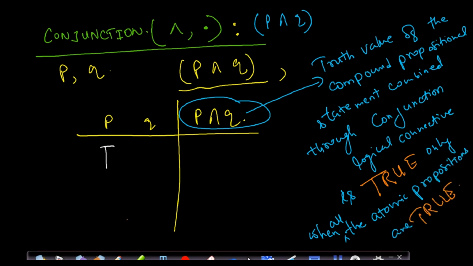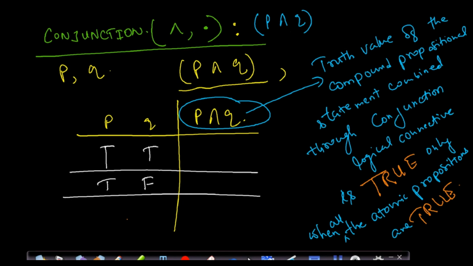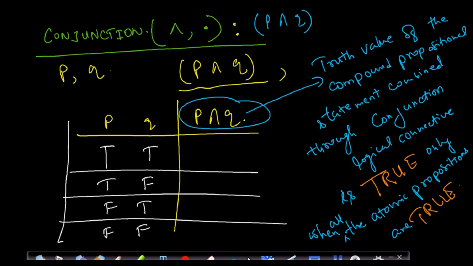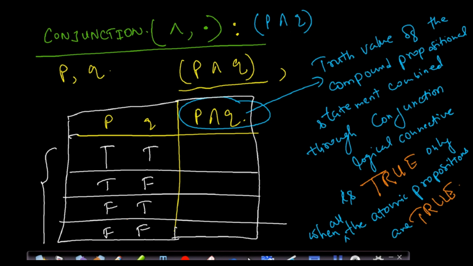Now P can be true, Q can be true, or P can be true, Q can be false, P can be false, Q can be true, and P can be false and Q can be false. These are all the possibilities, different combinations possible. So what it is saying is that P and Q will be true only when both are true.